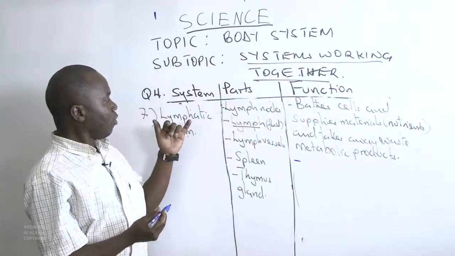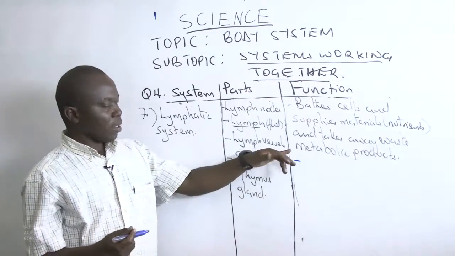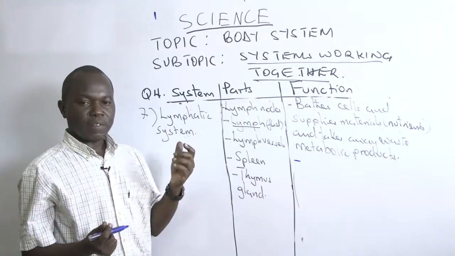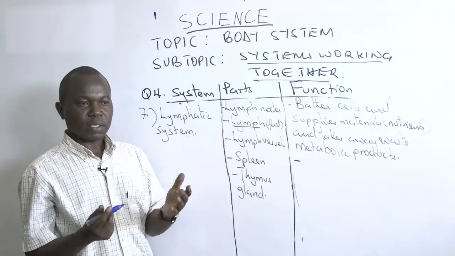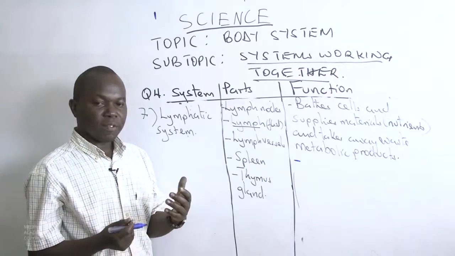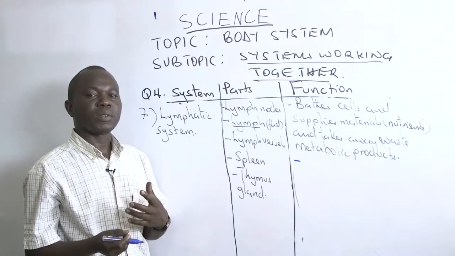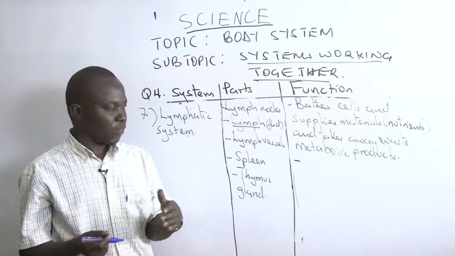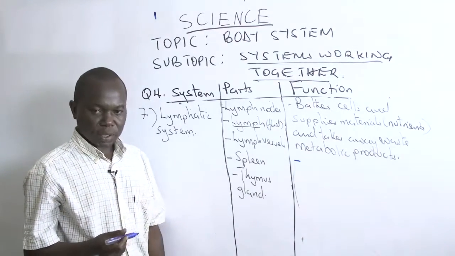And then another role of the lymphatic system. Now we can remind ourselves of digestion. We said after digestion of fats, it will be fatty acids and glycerol. But they are not absorbed directly into the circulatory system like the rest of the nutrients.